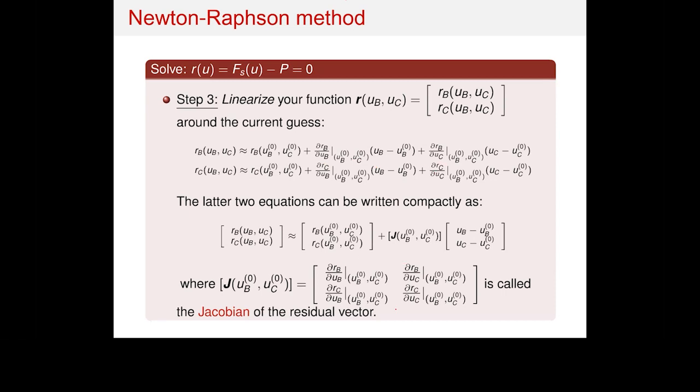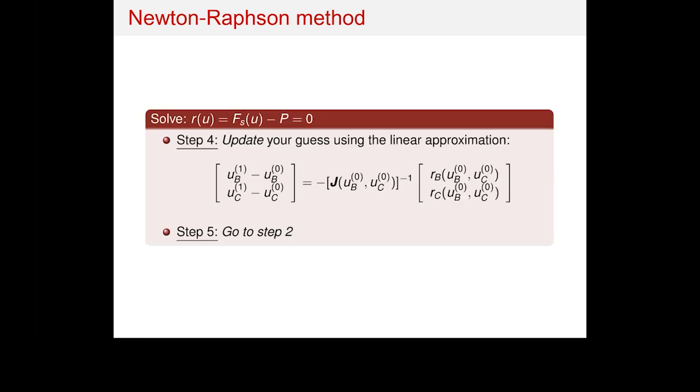And this is the matrix you have, is called the Jacobian of the residual vectors. So it's basically you combine all of them in one matrix, and then you multiply this Jacobian matrix with the displacement, and you add it to the original displacement. So this is how you get the new displacement.